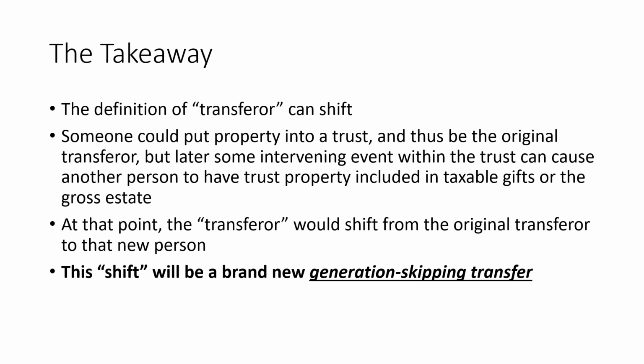And as I mentioned, that shift will be a brand new generation skipping transfer if and when it does occur. So in the next part, we're going to dive into the categories of generation skipping transfer: the direct skip, the taxable termination, and the taxable distribution.